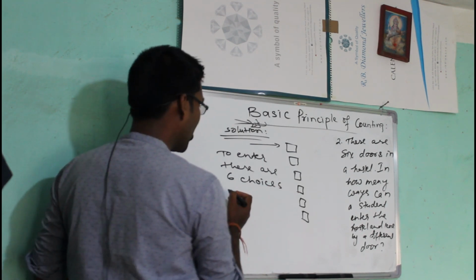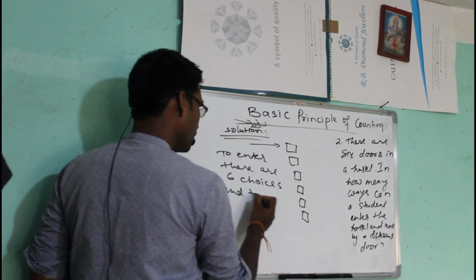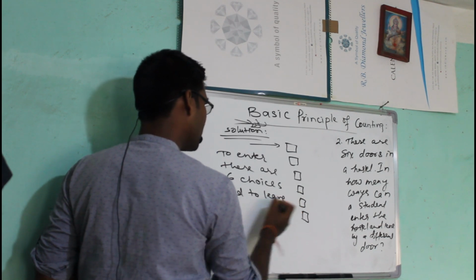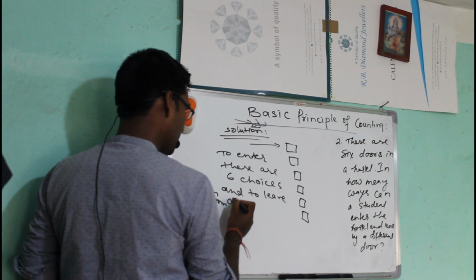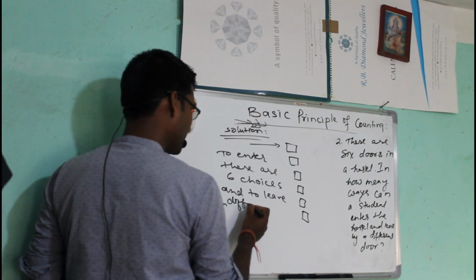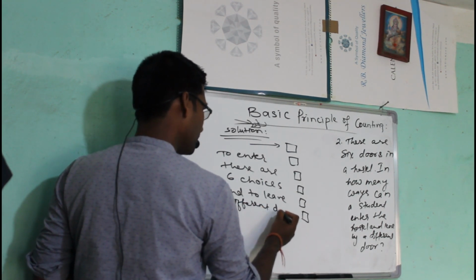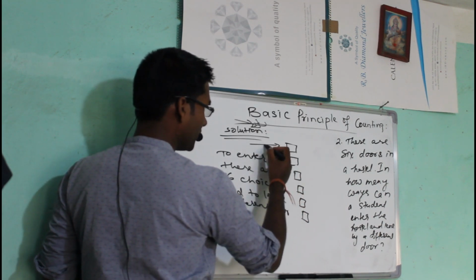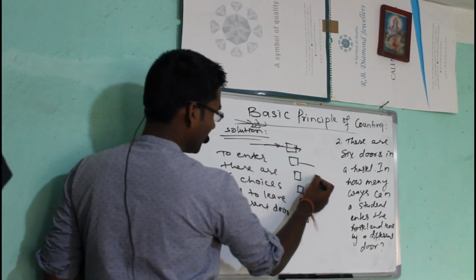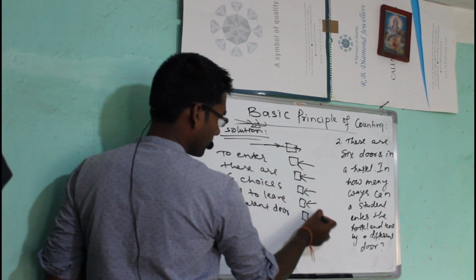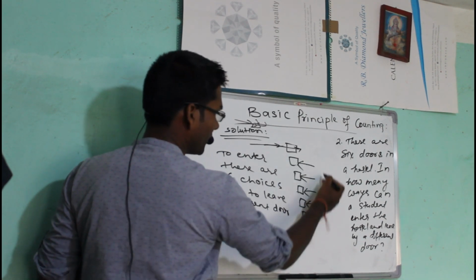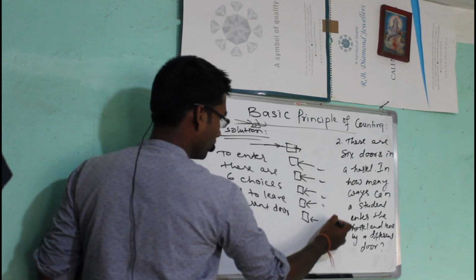There are 6 choices, and to leave from a different door, suppose we have already used this one, so now we can exit or leave by the remaining 5 choices: 1, 2, 3, 4, 5.